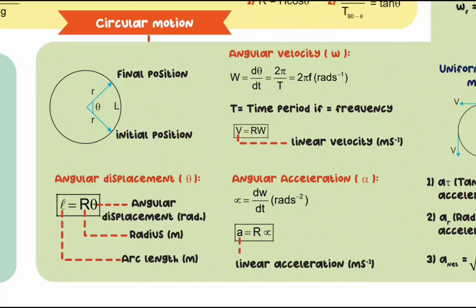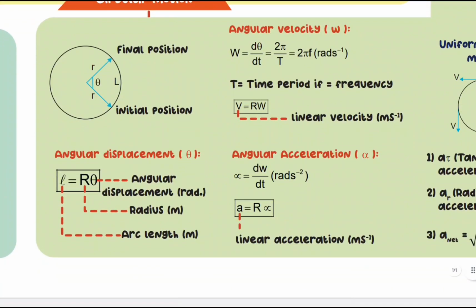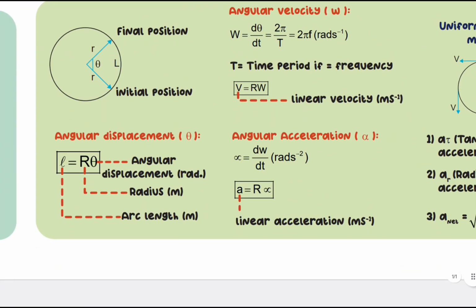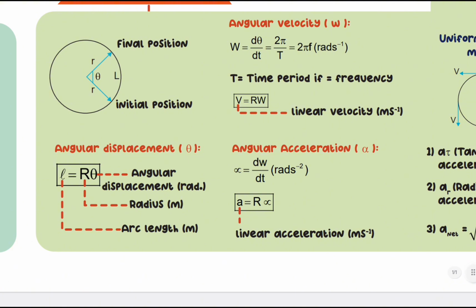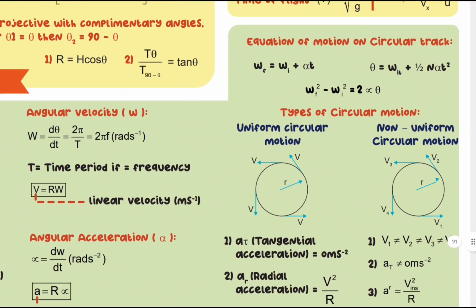Time period equal to 1 by frequency. And velocity is equal to r omega, where v is linear velocity in meter per second. Angular acceleration alpha: alpha is equal to d omega by dt radian per second square. Linear acceleration equal to r into alpha.